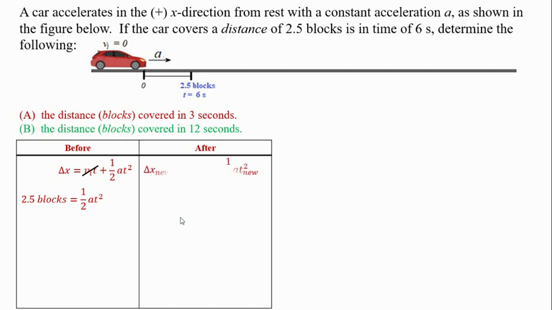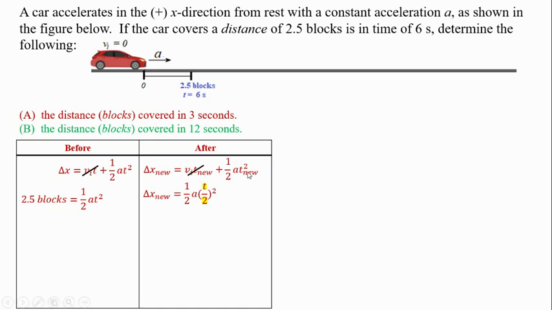All right, here in the after, my new scenario, part A asks us to find the number of blocks covered in 3 seconds. Here I set up the whole displacement function all over again, except I've used subscripts, the new, because there's a new scenario. I crossed out VIT because VI starts at 0, and here I simply substituted T new.